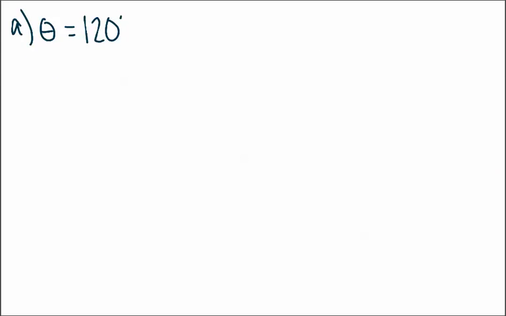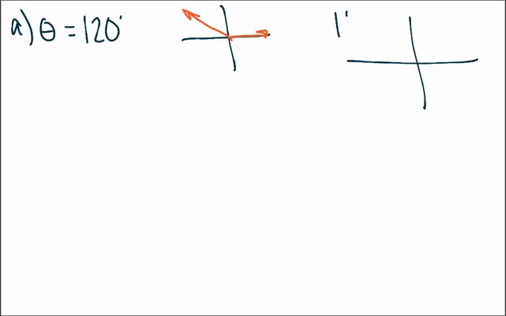Okay, so if you look here at example A, theta equals 120 degrees. So theta, that's just your angle, saying we have 120 degrees. So I'm going to go ahead and sketch that to see what quadrant that's in, and that is in quadrant 2. So if I go based off of the chart that we just wrote down, in quadrant 2, that's telling me, because I'm in degrees, 180 minus my angle.